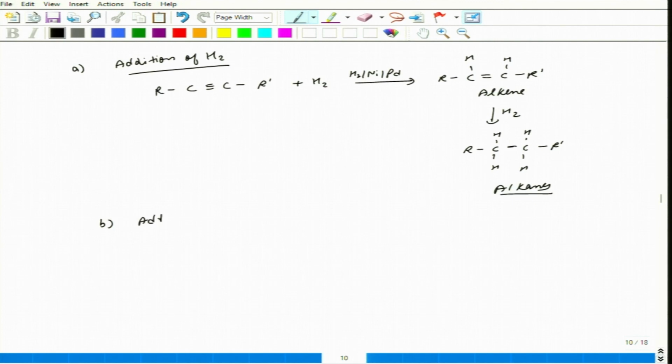Similarly, addition of halogens, that means X2 is added. What will happen? First of all, one molecule, let us say Br2, is added.